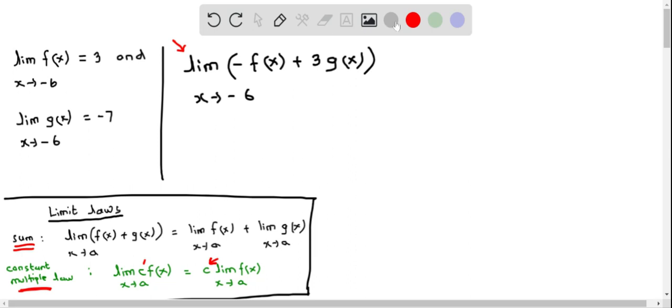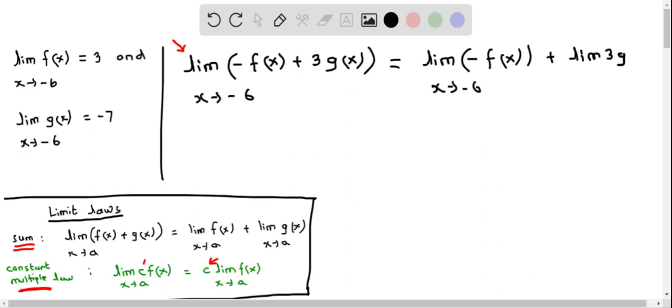So first I'm going to break this into two limits using the sum law. I can write this as the limit of negative f of x as x approaches negative 6, and I can put a bracket over here as well, plus the limit of 3g of x as x approaches negative 6.